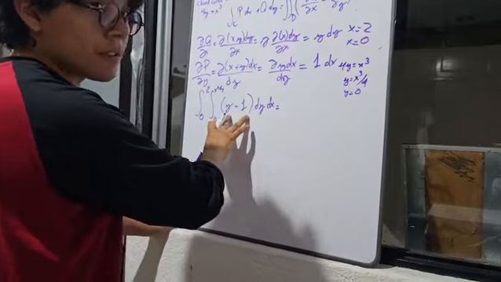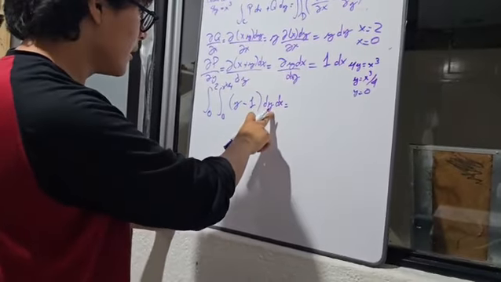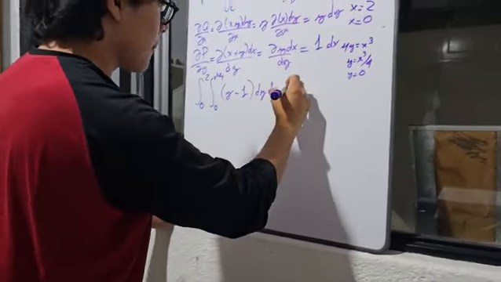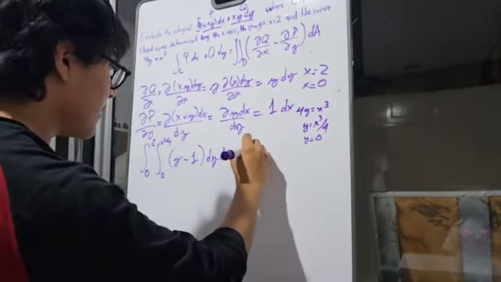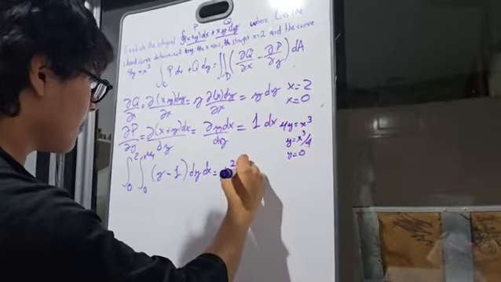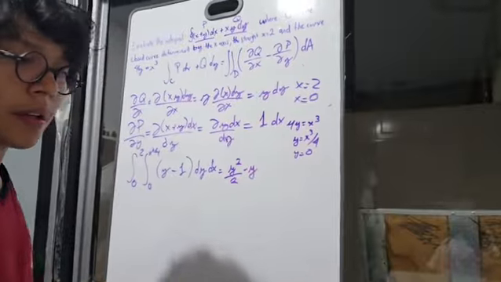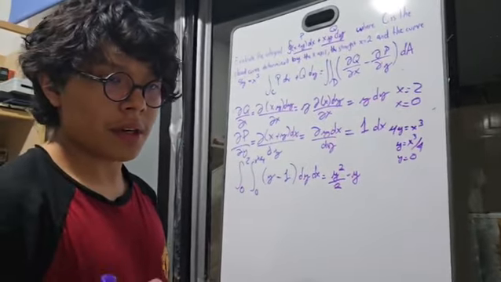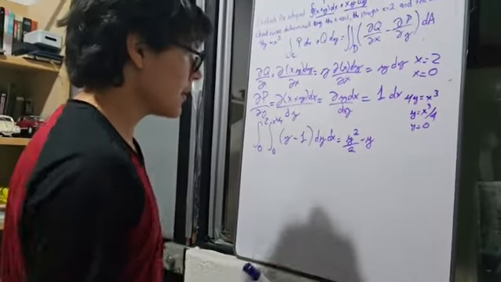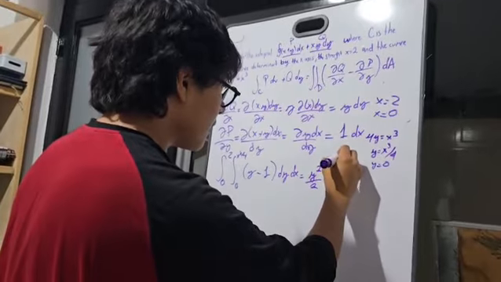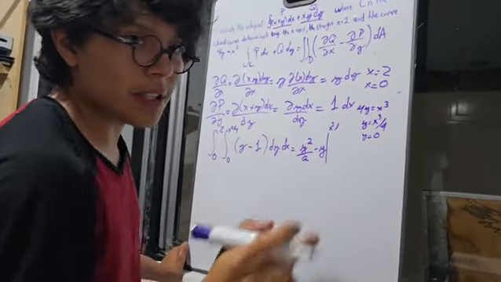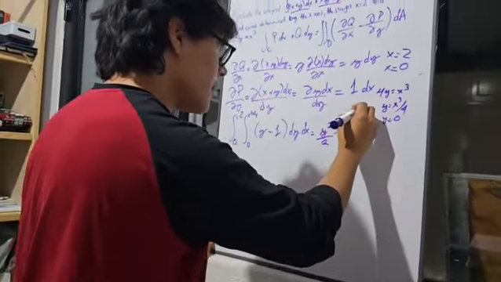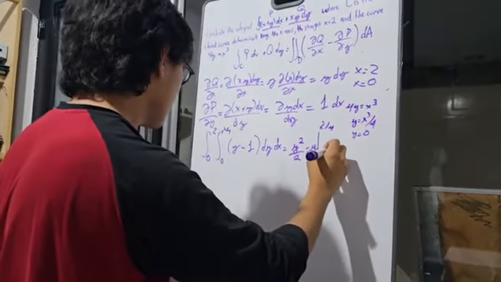The integration of this with respect to y is going to be y squared over 2 minus y. This is our integral, and we've got to evaluate it.